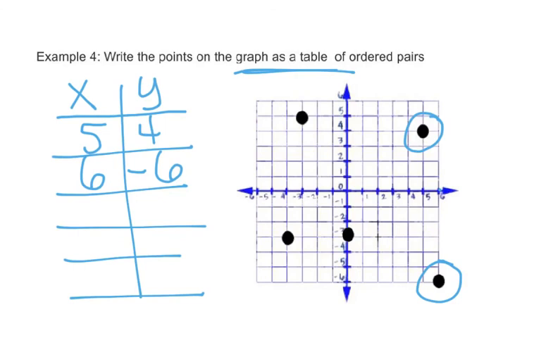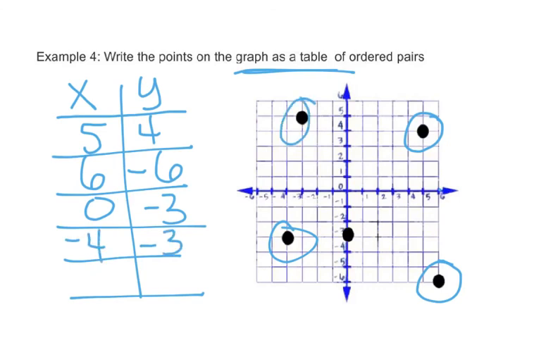This point is on the y-axis. So the x has no value, 0. It has a value of 0, actually. It is a value. And then the y is at negative 3. It's right on that axis. This one here is at negative 4, negative 3.